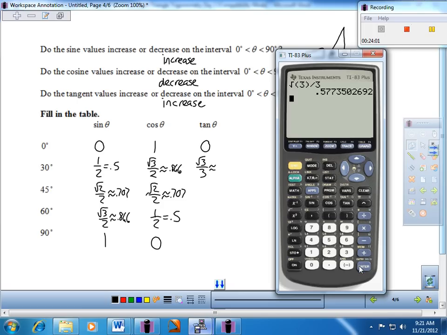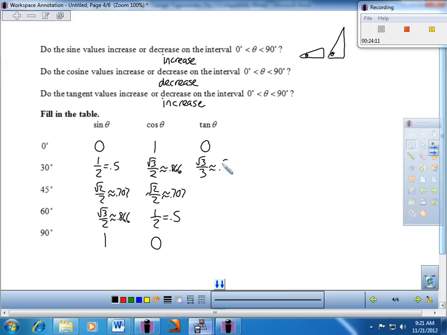So about 0.577, give or take. And then tangent of 45 degrees is 1. And then what happens to the opposite side in relation to the adjacent side after 45 degrees? Well, the opposite side is bigger, so it's going above 1. By the time we hit 60 degrees, it's √3, which is about 1.73. And then it's going to get larger and larger.